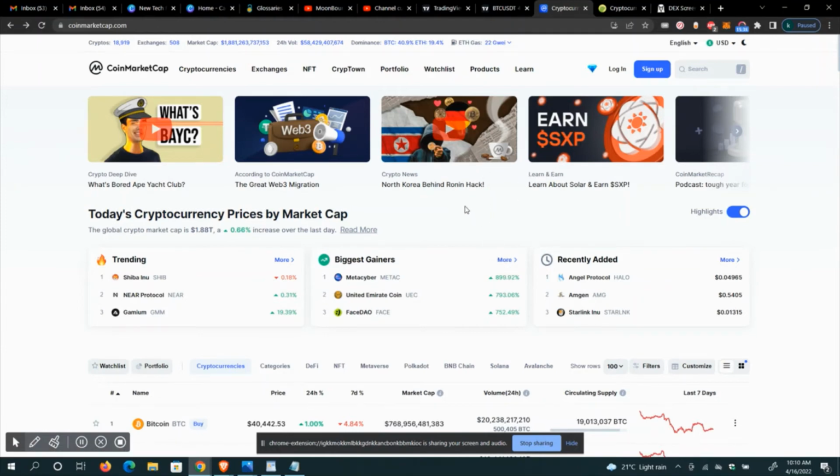It gives you updates on different cryptocurrencies, their white papers, and everything you need to know that is going on in the crypto market. It's just like the stock exchange chart or the forex chart, but this one is for crypto.